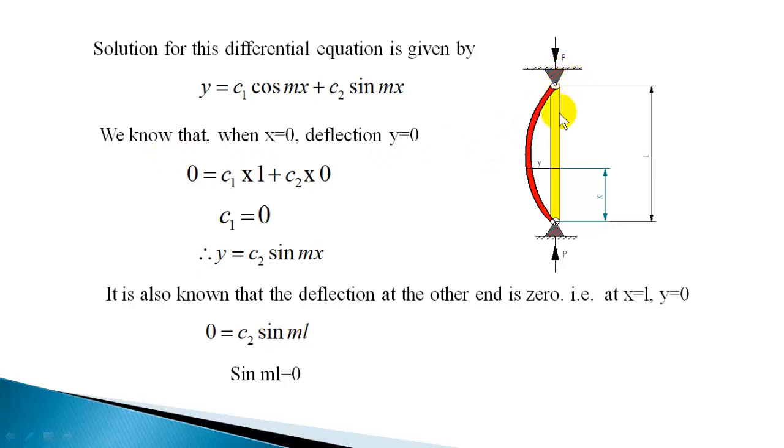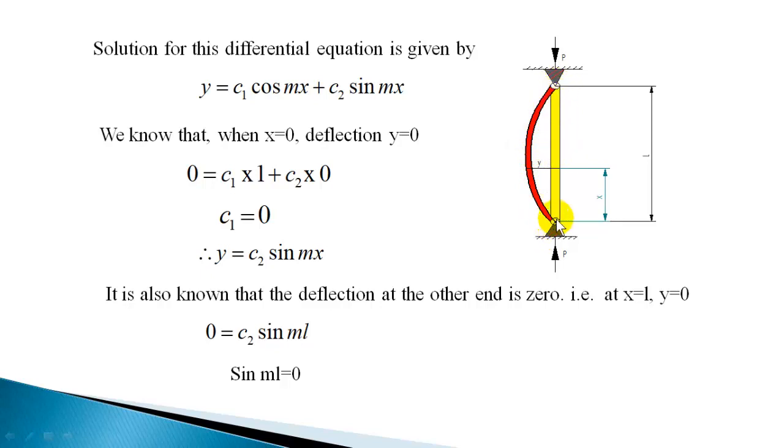Now we know the end conditions. At this hinged end x is 0, and the length of the column is L. So starting from here I am measuring the distance. At this end x is 0 and there is no deflection, there is no sideways movement because it is hinged, it cannot move. So the deflection y is 0, and y gradually increases, has a maximum value at the center, and decreases to 0.